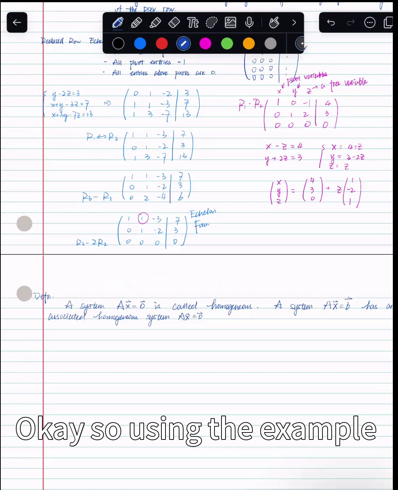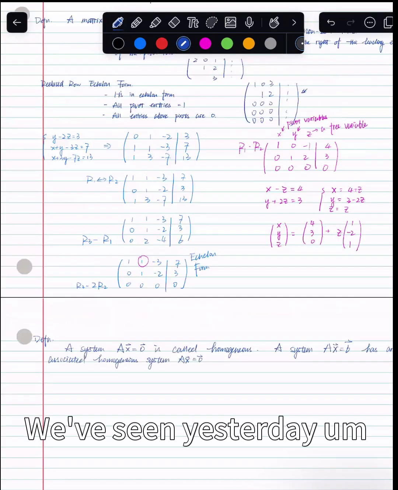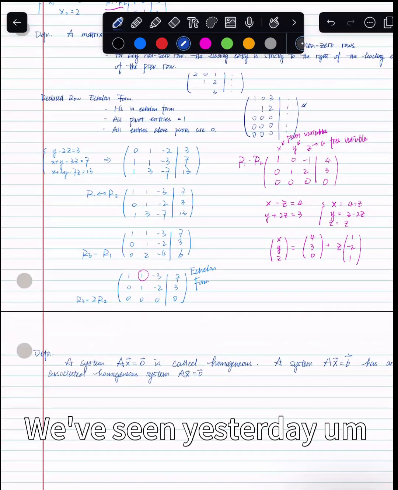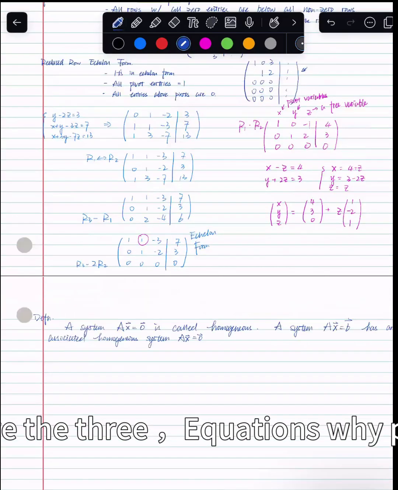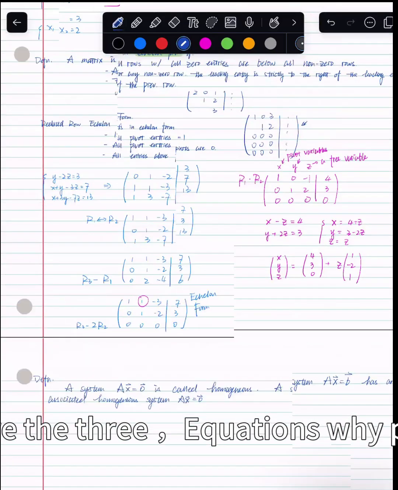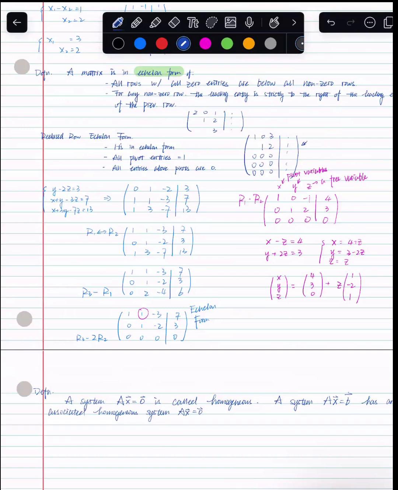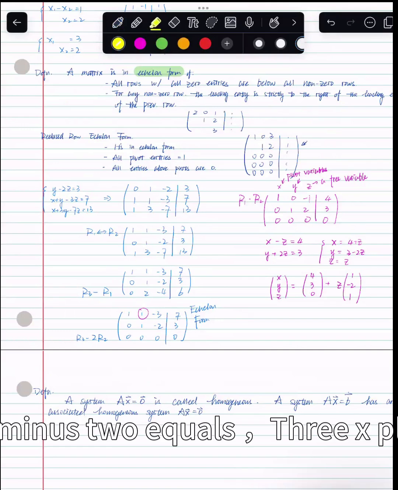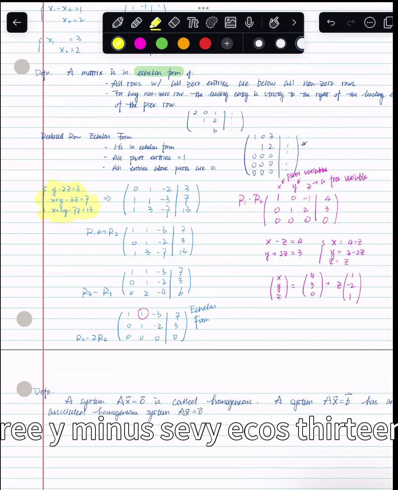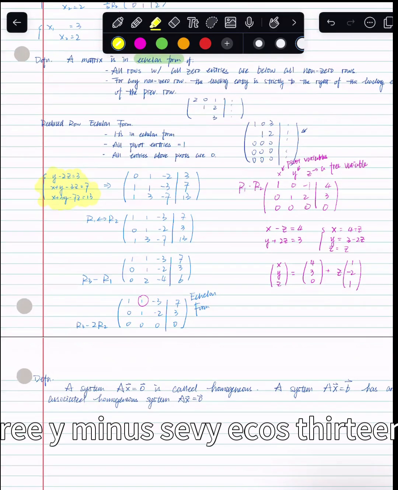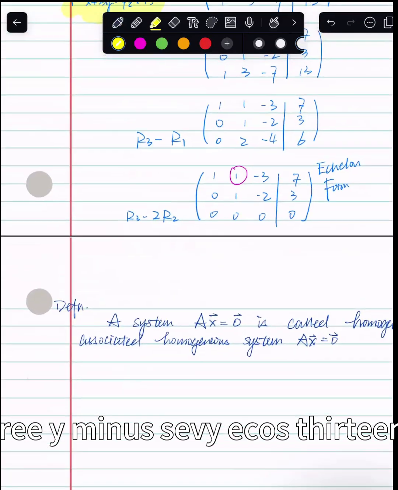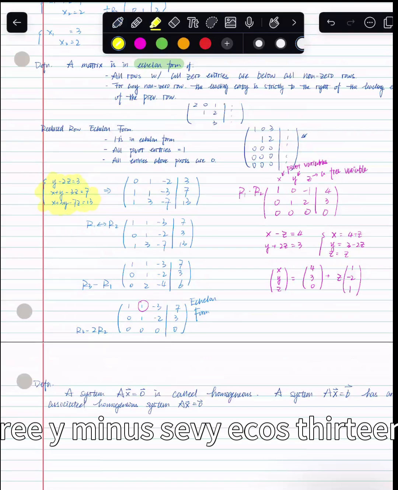Okay, so using the example we've seen yesterday, we have the three equations: y equals 1, minus 2z equals 3, x plus y minus 3z equals 7, and x plus 3y minus 7z equals 13. So we've ended up with this equation.